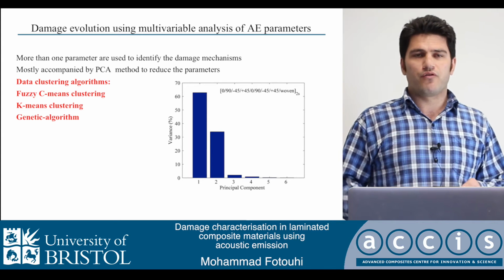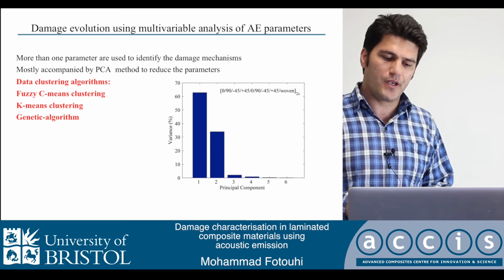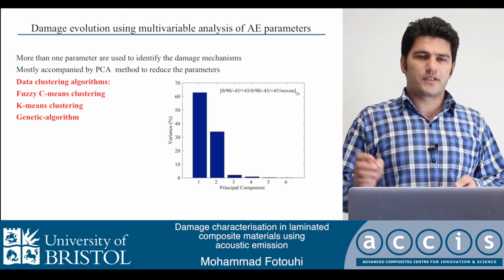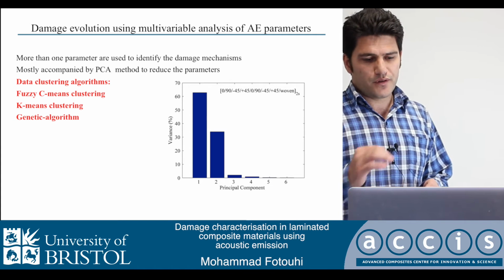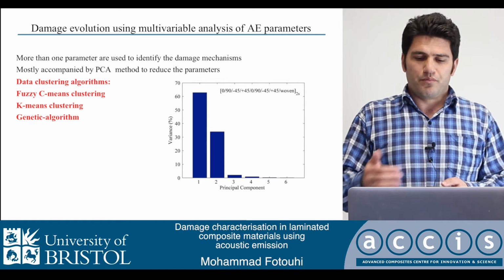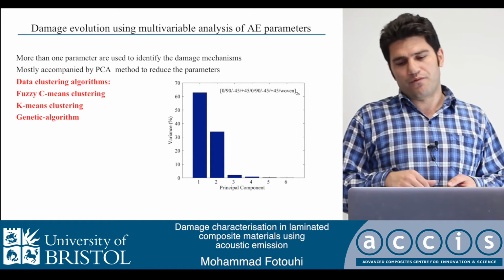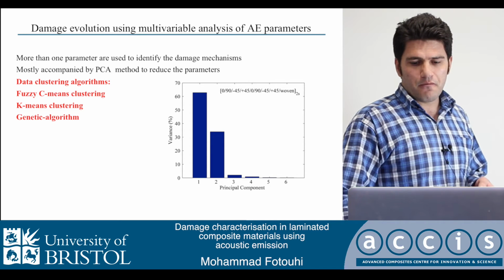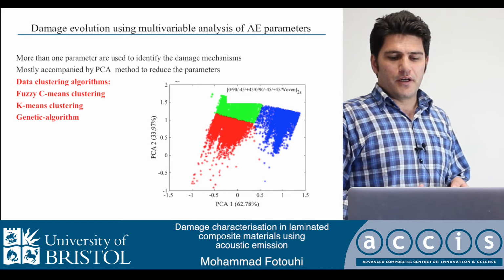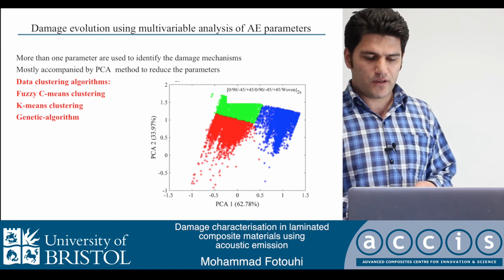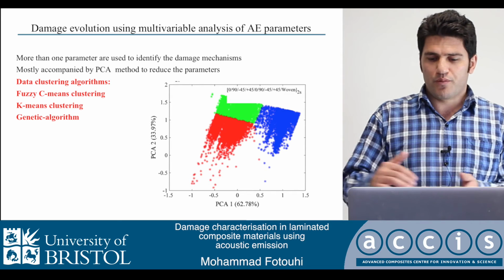As I mentioned before, each AE signal has its own parameters like amplitude, frequency, energy, and with PCA we can determine which parameters are best for characterization of these damage mechanisms. We used PCA first and then applied different types of clustering, like fuzzy C-means and genetic, to separate classes.